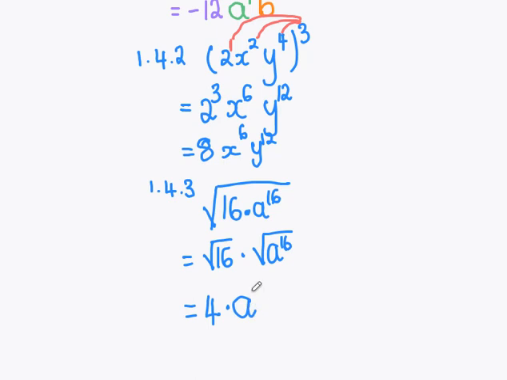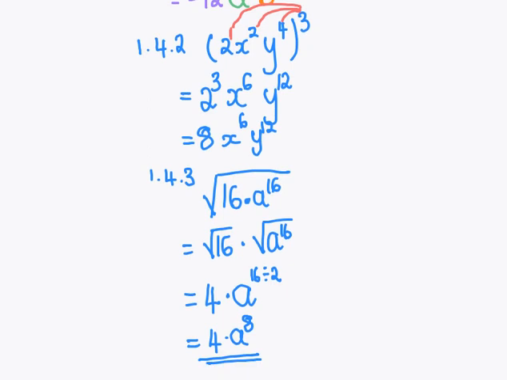So we have a to the power 16, then we divide the exponent by 2. So now we have 4 times a. What is 16 divided by 2? That would be 8. So our answer is 4 times a to the power 8. So that's our answer there.